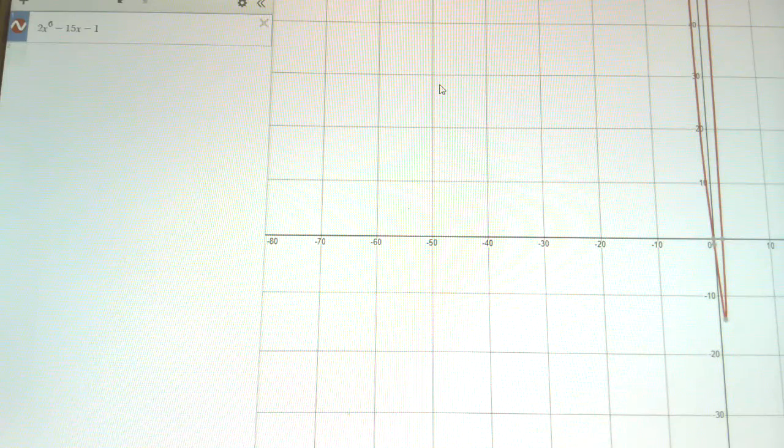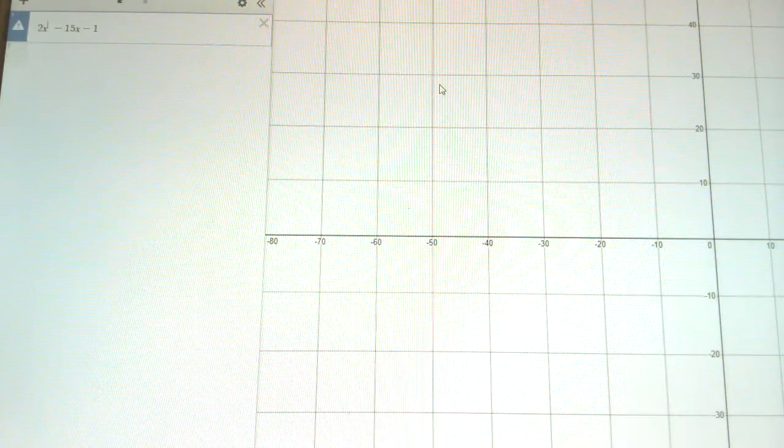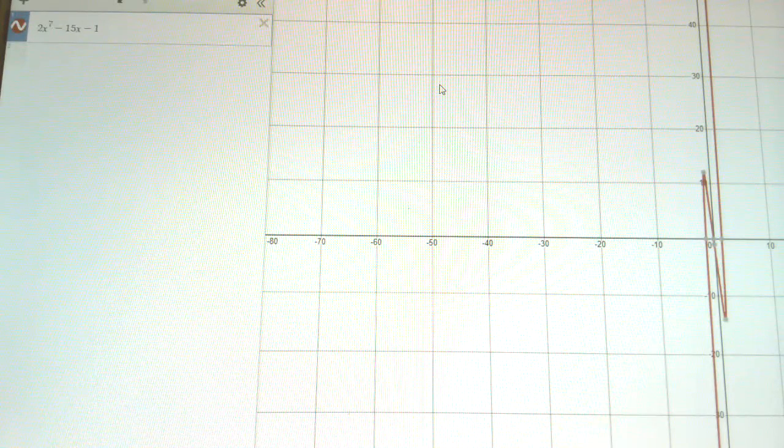It doesn't really look like a parabola anymore because it has kind of a weird middle. But if you play around with this, you'll start to see some patterns here. When the biggest exponent is an even number, it had the same shape. And when the biggest exponent was an odd number, it had the same shape. We're going to revisit that.